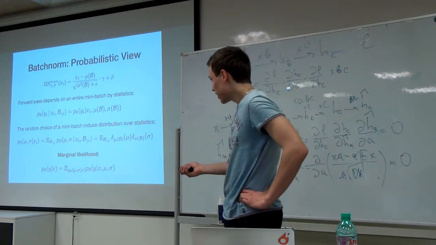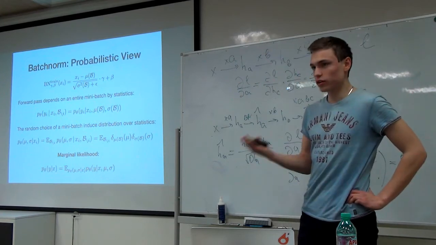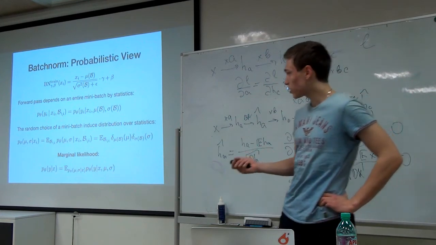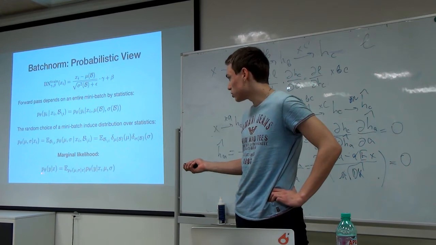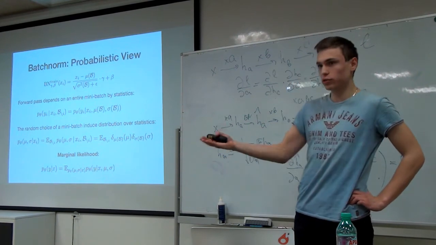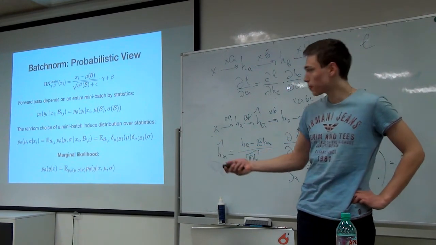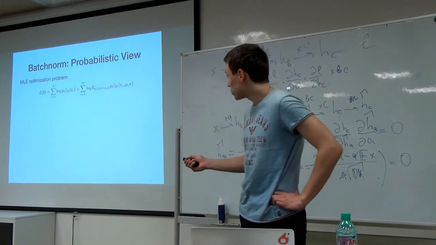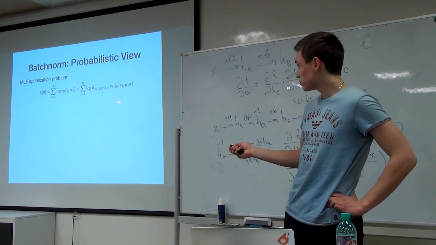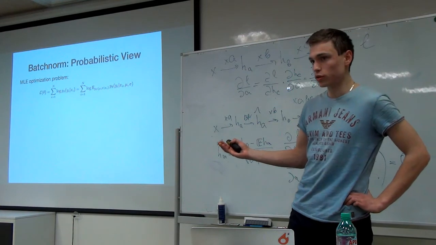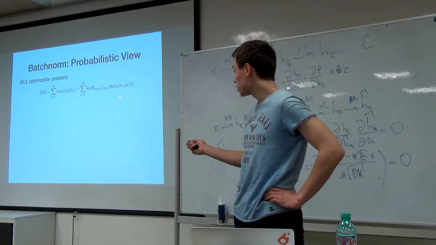Okay. Following the maximum likelihood approach, we need to maximize this likelihood with respect to parameters theta. The objective looks as follows: sum over all objects, logarithm of marginal likelihood.